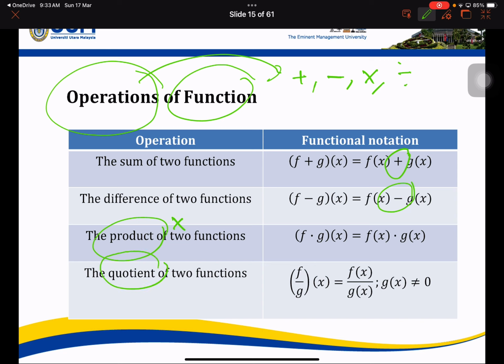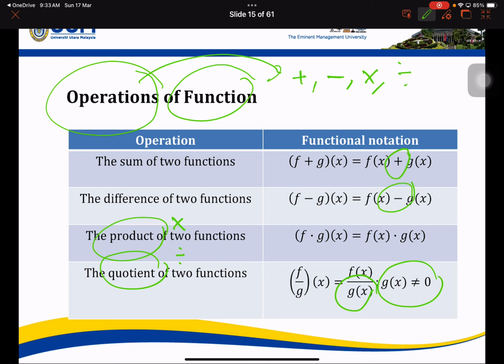And this one we have the quotient. What is quotient? Division. If you have two functions, f(x) and g(x), we can divide the functions. But if we take f(x) divided by g(x), we have a condition that g(x) cannot equal 0. Do you know why?